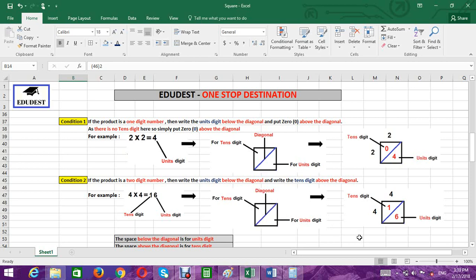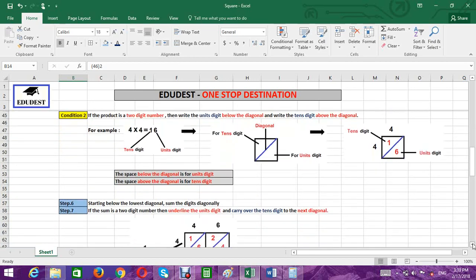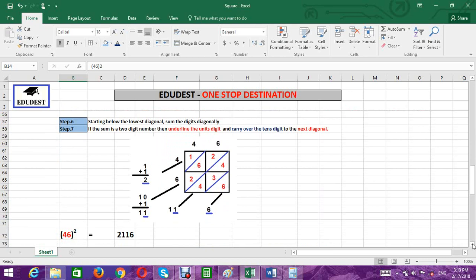Now back to the point. What have we done so far? First of all, we drew a square, then divided it into 4 sub-squares. Then we inserted the diagonals. Then we wrote down the digits 4 and 6 both horizontally and vertically.